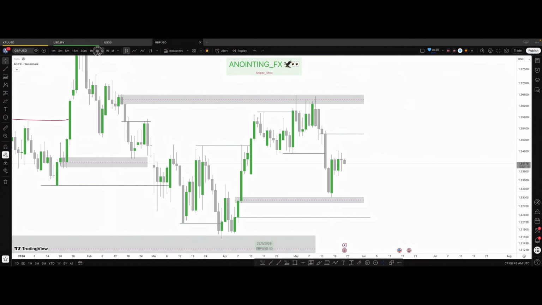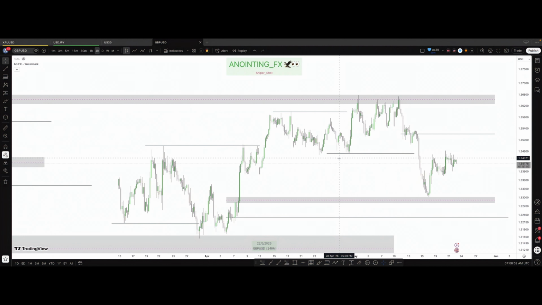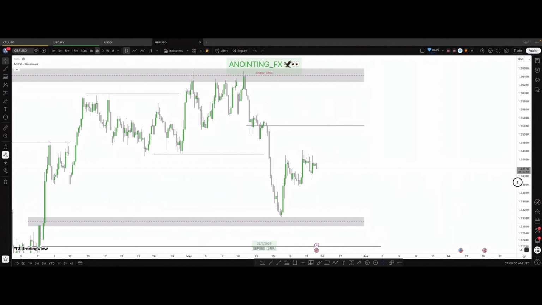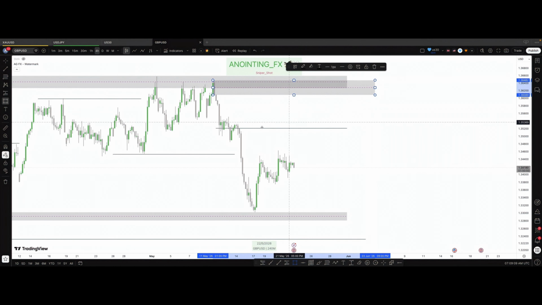Now going back to the 4-hour time frame, you see I already have my zone marked. I already have my entry marked. On the 4-hour time frame, I still have my first movement and second movement. So this happens to be my first movement, and this whole area happens to be my second movement.